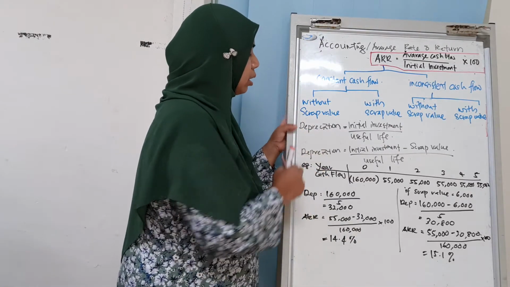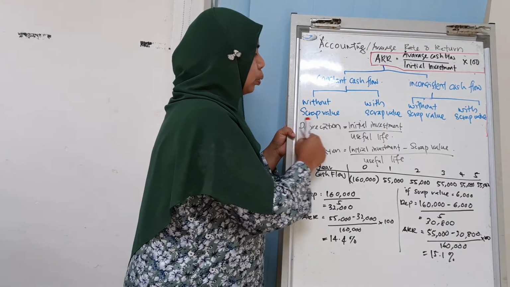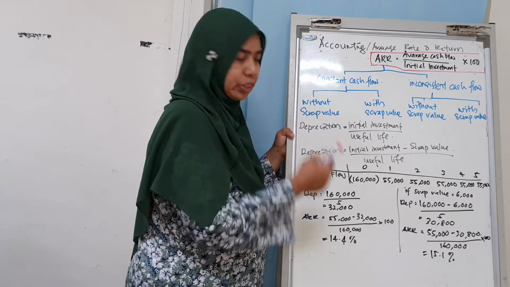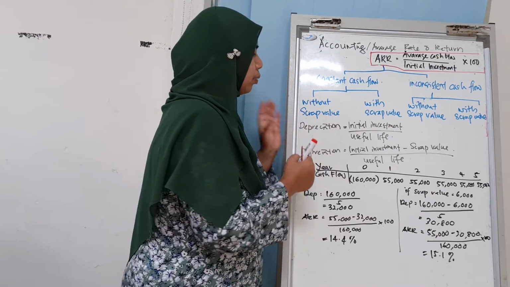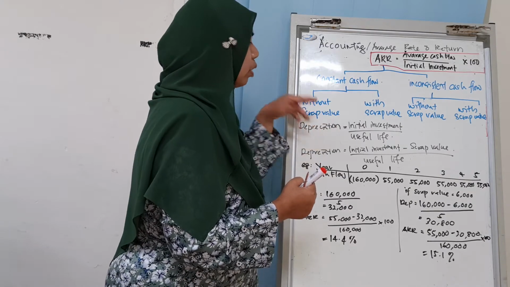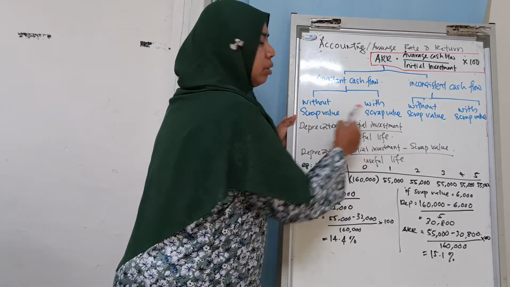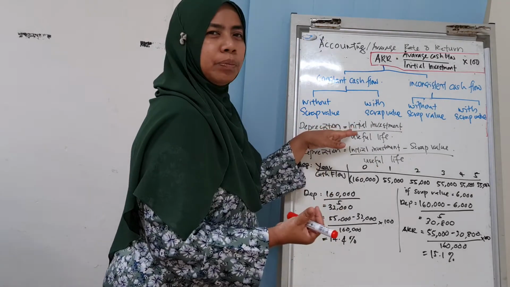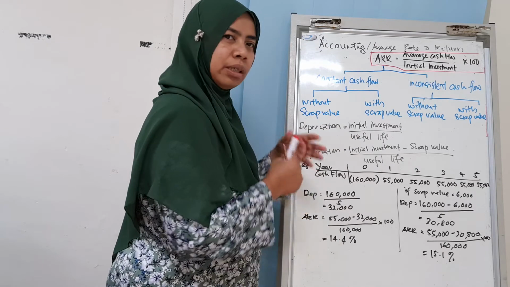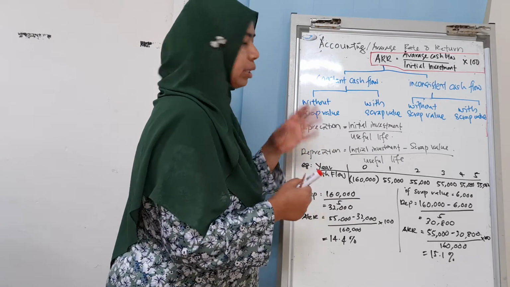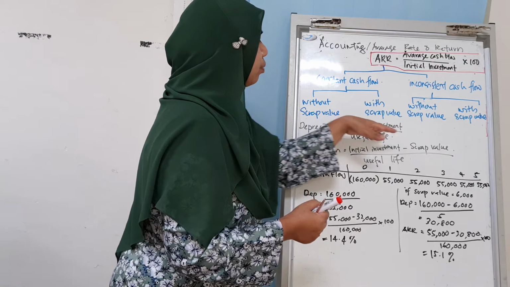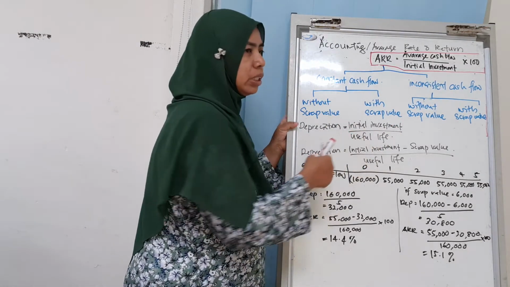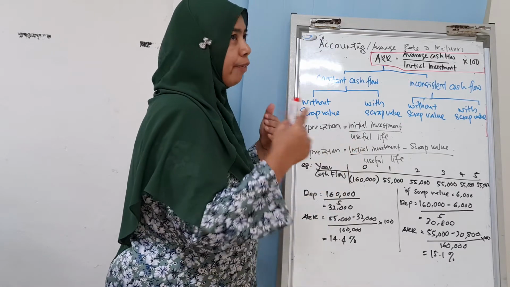Before this, you have to know the formula of depreciation. Depreciation without scrap value is initial investment, which in a book they write total investment, but it's the same, divided by useful life. Useful life is how long the project is, let's say 5 years, 6 years.